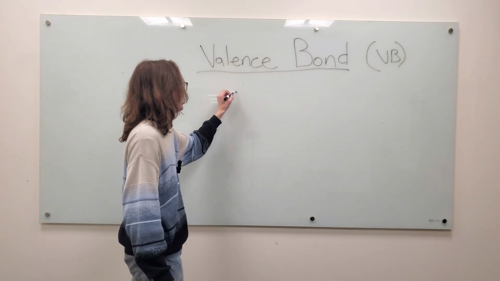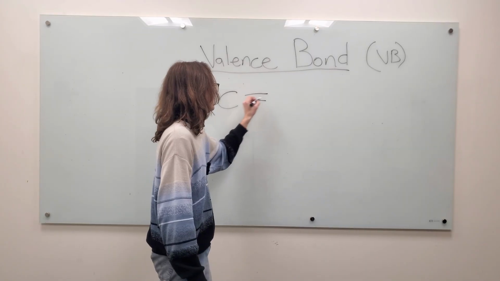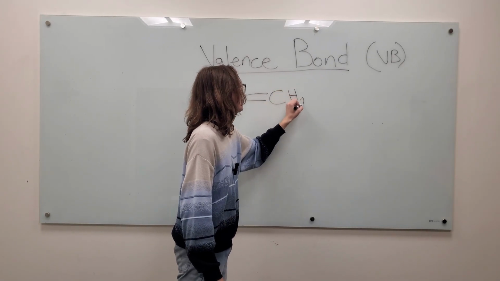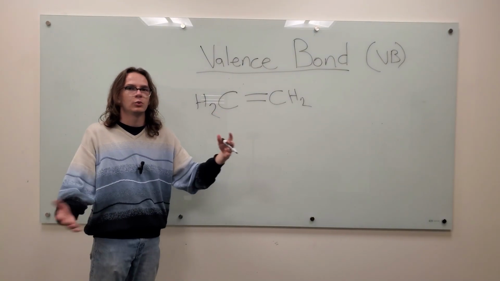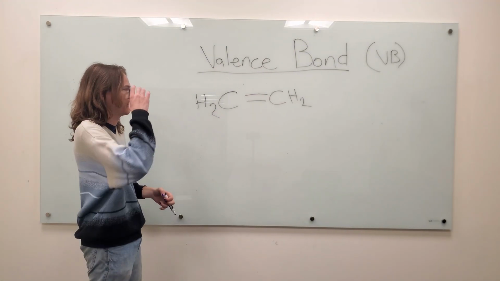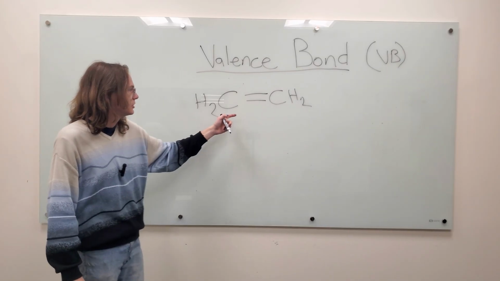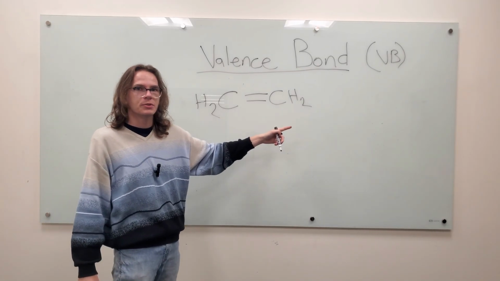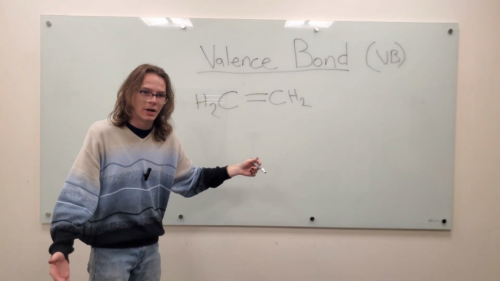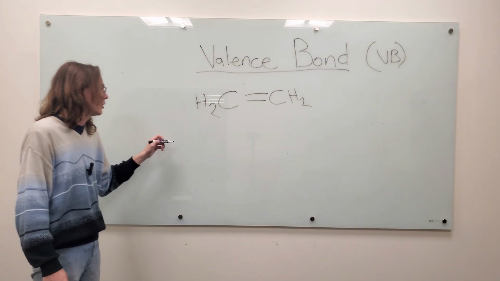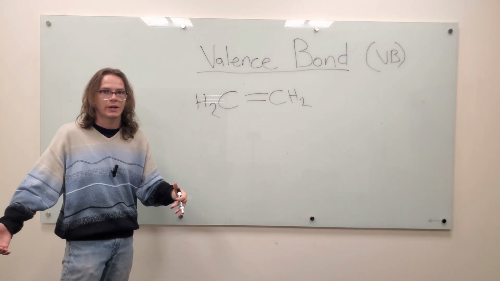So if we have something like ethene, where we've got two carbons and they are double bonded to each other, how do we describe this with valence bond theory? Well, we can still have one of these bonds as a sigma bond, but it turns out that we can't use sp3 hybridization.